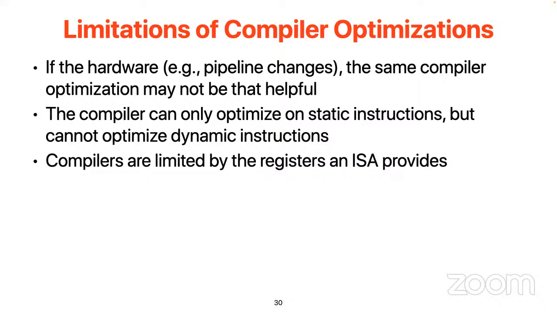However, compiler optimizations cannot do this because compiler optimizations are limited by the registers an instruction set architecture provides. So for example, x86 only has 16 registers available. And even for RISC-V, we only have 32 registers available.